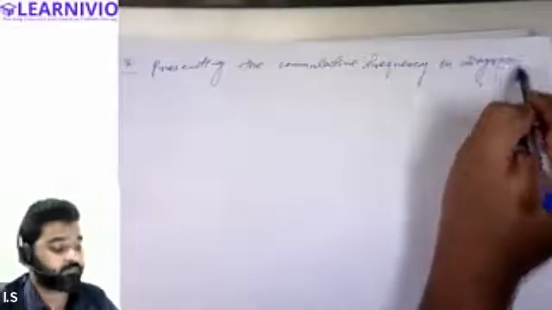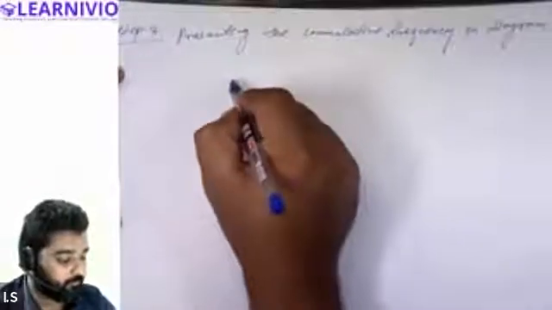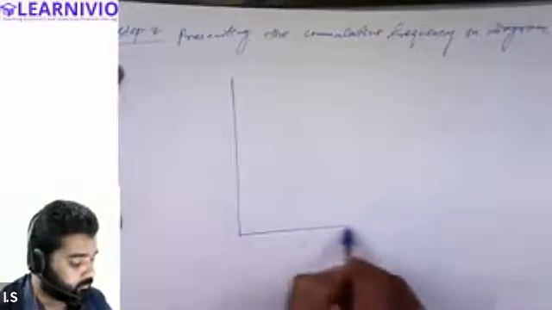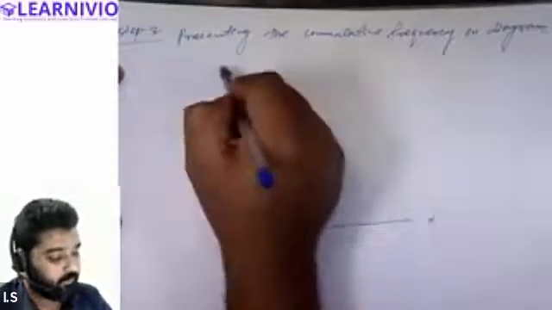This is the third step. For that purpose, we have to draw 2 axes, the y-axis and the x-axis. This is the y-axis, and we will also draw the x-axis.